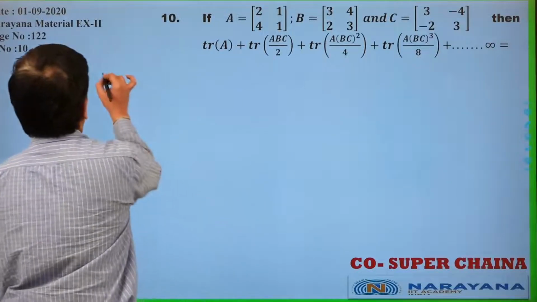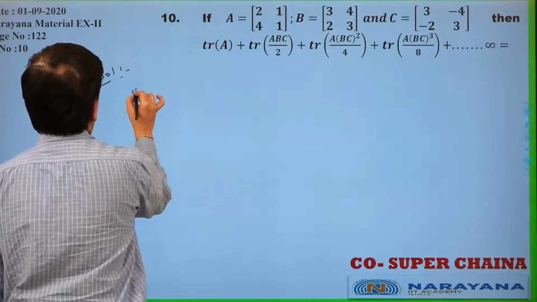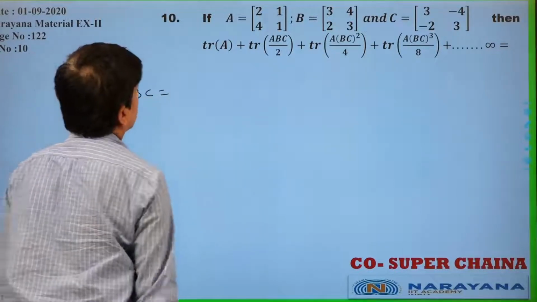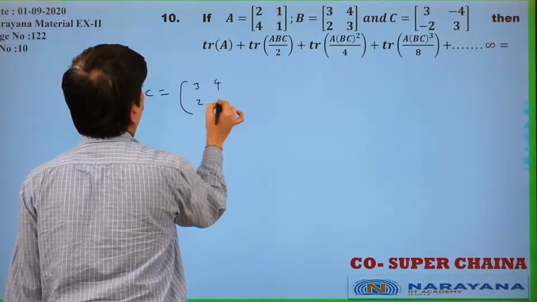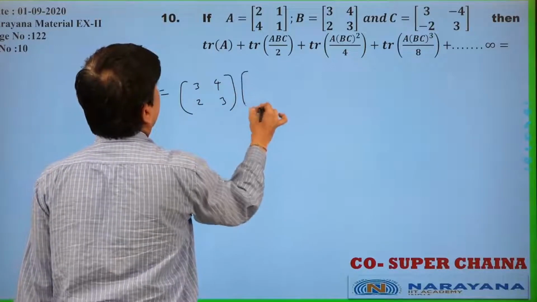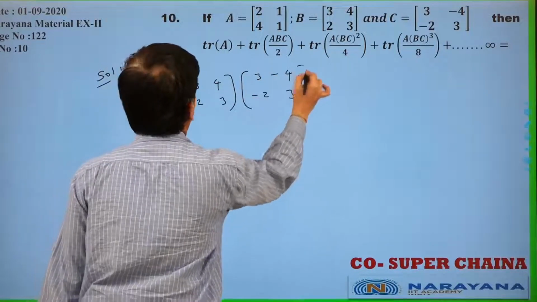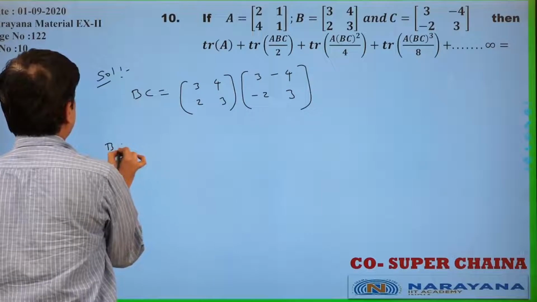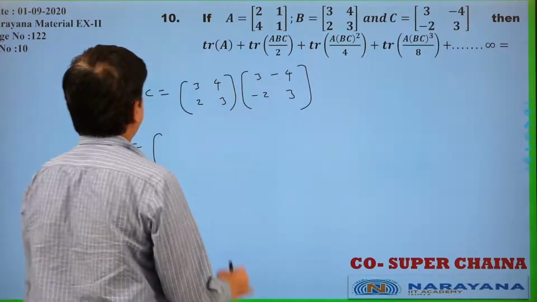Now I will do the solution. What about BC? BC is nothing but 3, 4, 2, 3 times 3, minus 4, minus 2, 3. Now BC, you will get 3 times 3 is 9 minus 8.